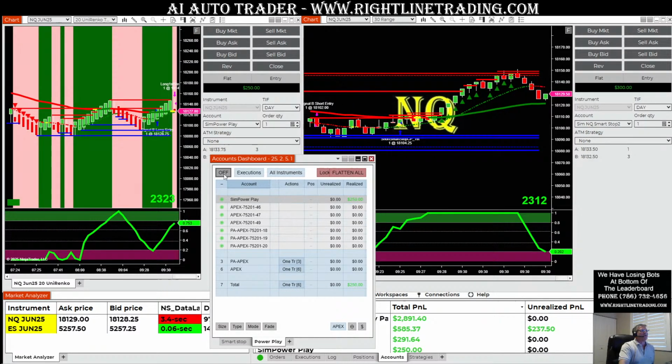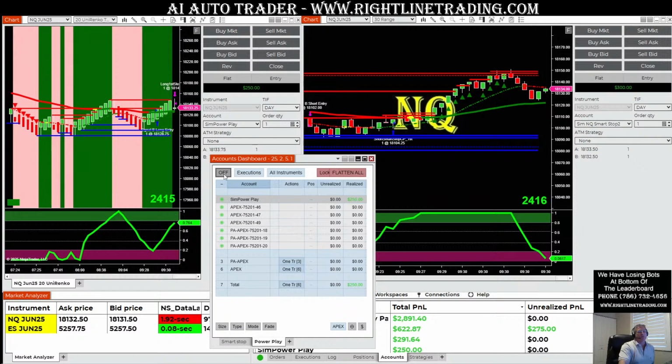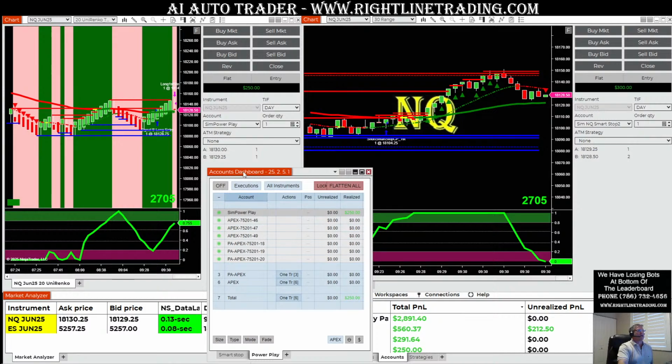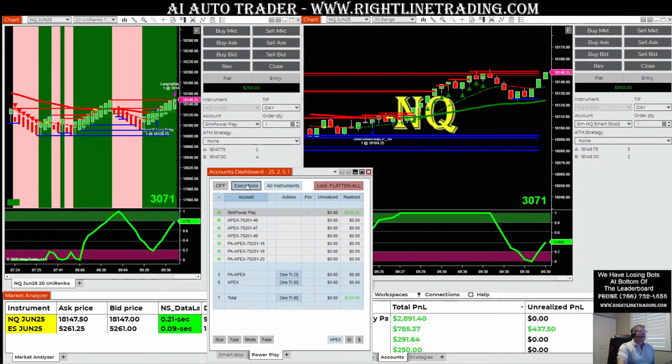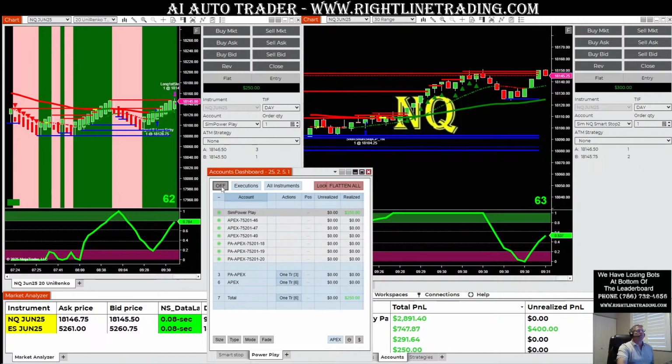I usually like to wait until about 9:32. Getting good volume here. We're at just under 3,000 contracts a minute. I always like to watch it take a trade or two just to see what the price action looks like. I'm looking for this break here.